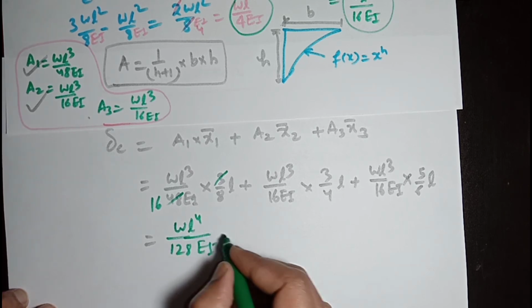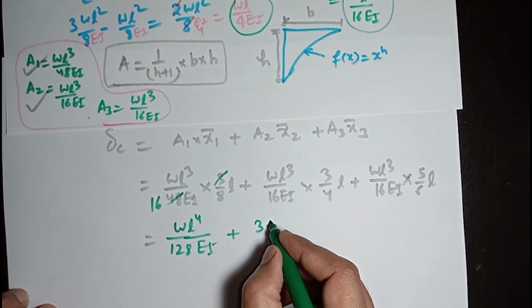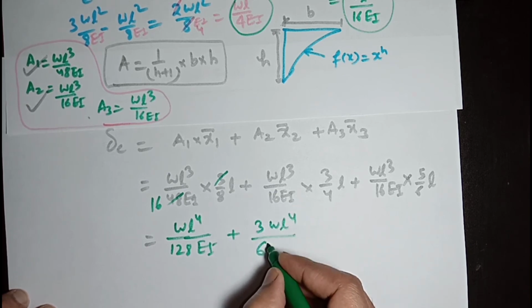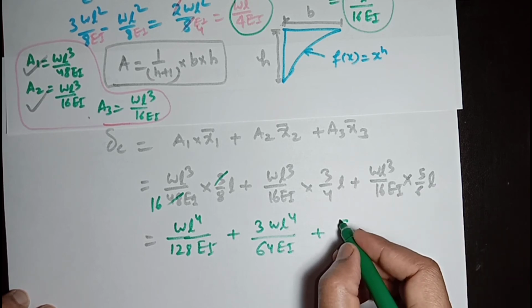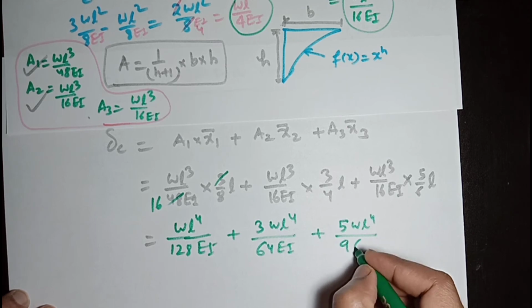Now plus this will be 3 WL to the 4 divided by 64 EI, and here you can see 5 WL to the 4 divided by 96 EI.